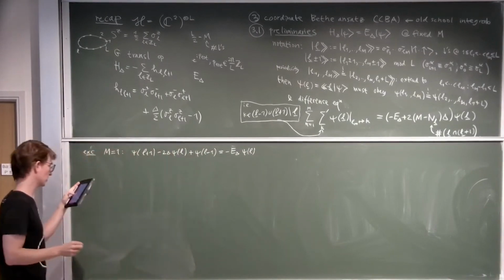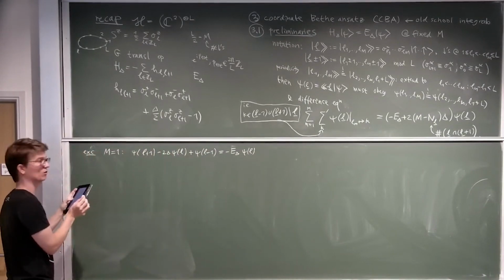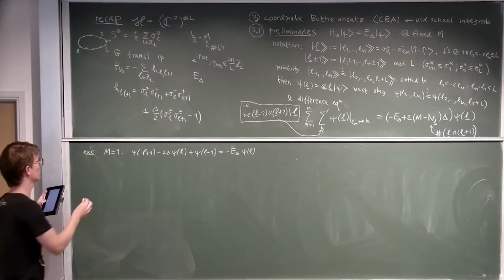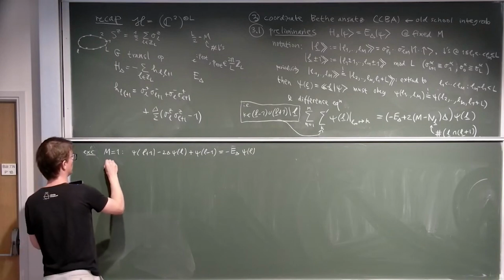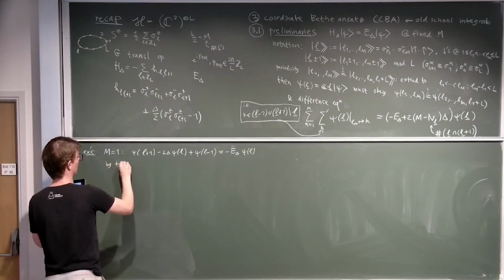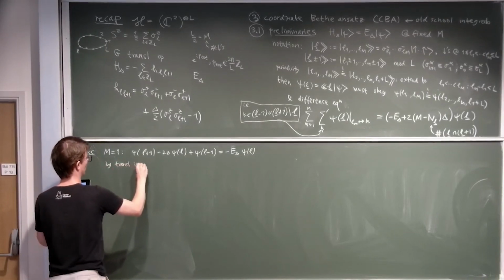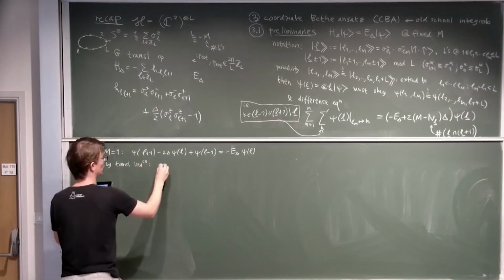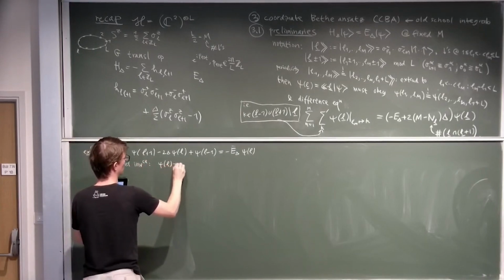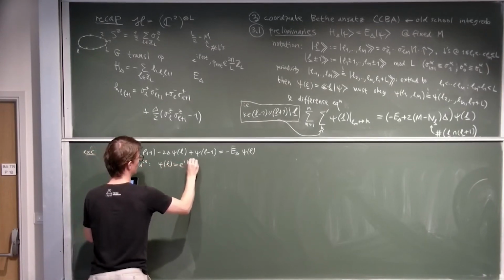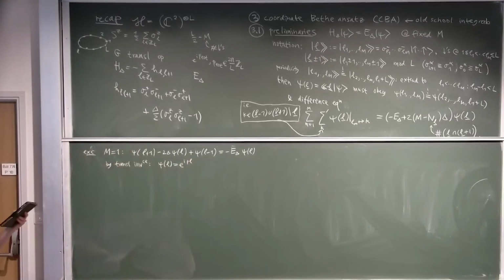This is the difference equation. So we already knew from before, by translational invariance, we knew that psi of L should be a plane wave, right? We just Fourier transformed the coordinate basis vector with a single downspin, so we got the plane wave as a wave function.